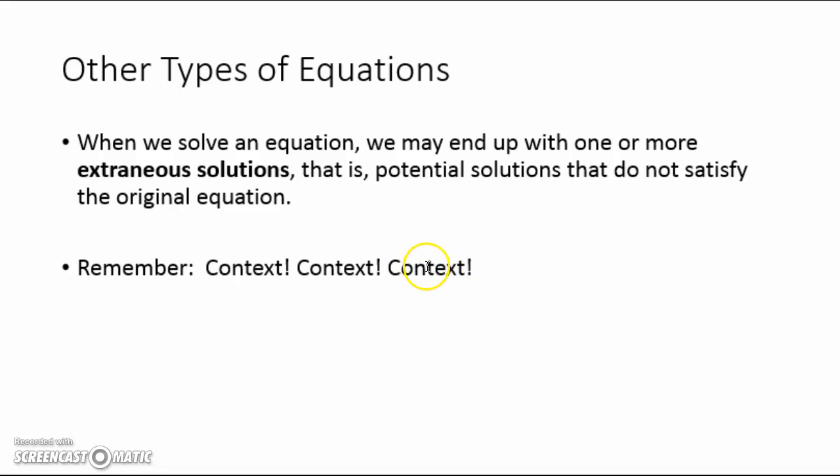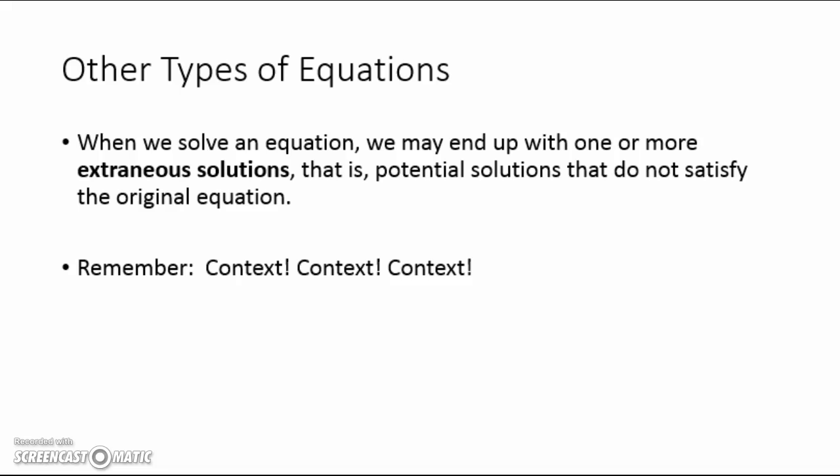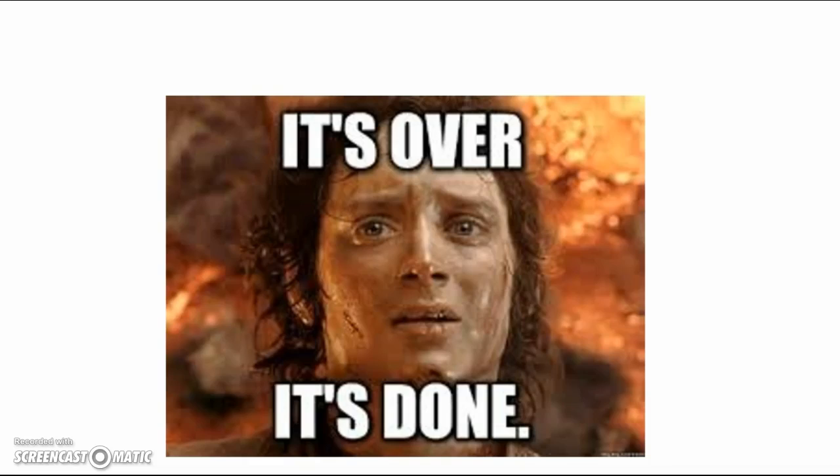And when they ask you a question with words, answer the question with words. We could say, if this was the result, there is 1 wolf in this preserve because we're not going to have negative 1/4 of a wolf. So make sure that context, especially when you're dealing with word problems, comes into play in your answer.